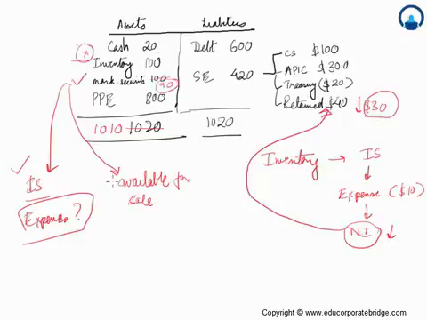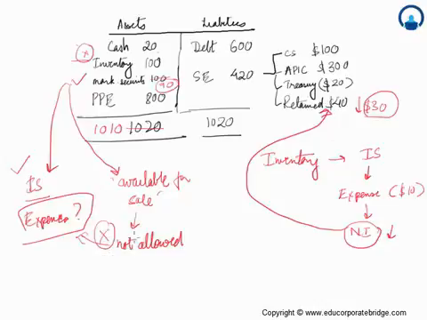Available for sale essentially means that you want to sell this stock, but you're looking at a profitable opportunity, and that profitable opportunity may not come in the near term. So if that marketable security has been classified as available for sale, you are not allowed to pass this expense or the loss through the income statement. So you cannot do that. You're not allowed to do that.